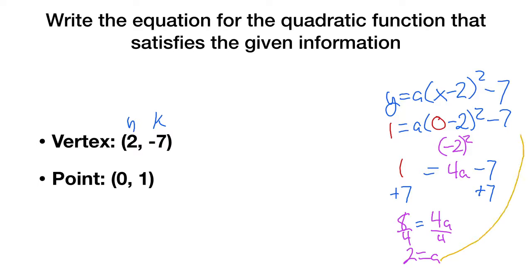I'm going to bring that back up to my original equation and plug it into where it's y equals 2 times (x minus 2) squared minus 7. And that would be our final equation.